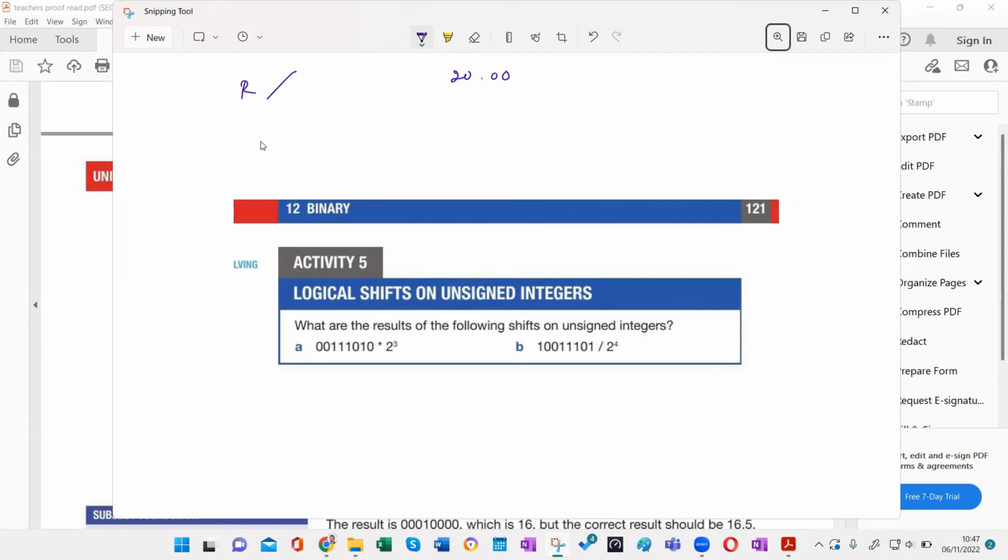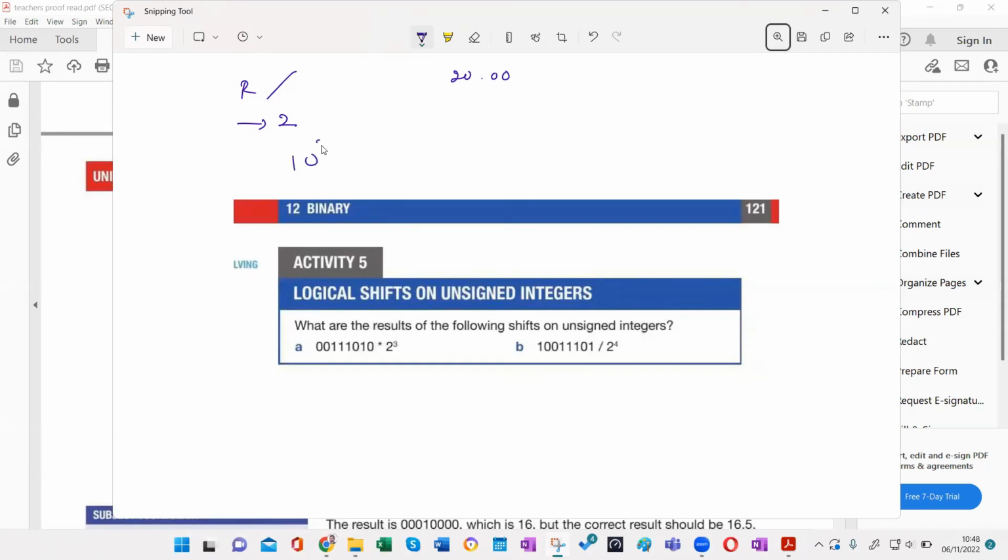Okay. And if I move the original number straight away a certain number of digits to the right, it should be divided by the power value of that shift. That means if I do a right shift of 2 places, my original number should be divided by what?